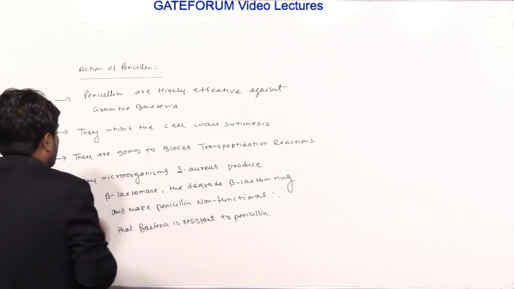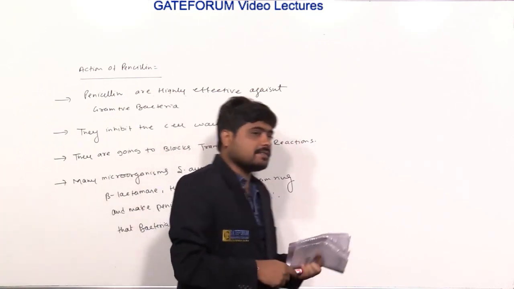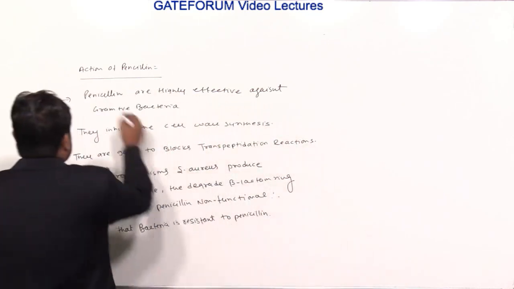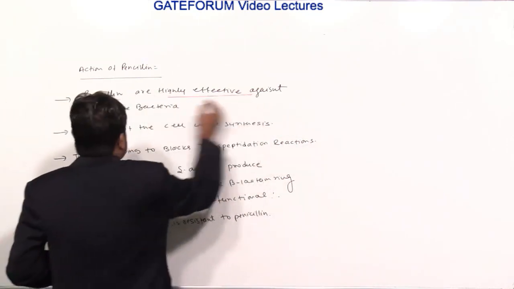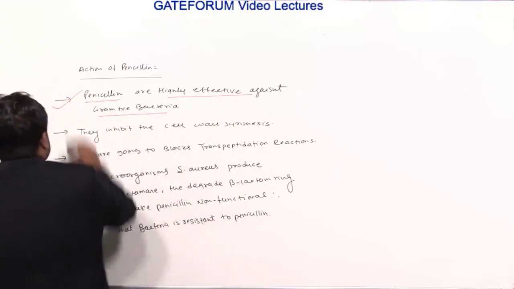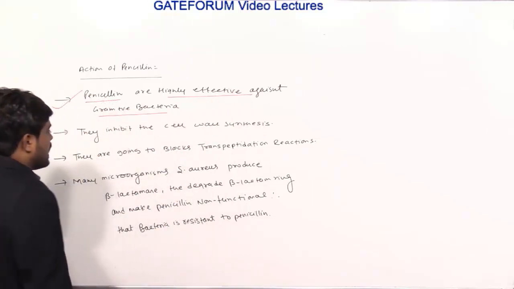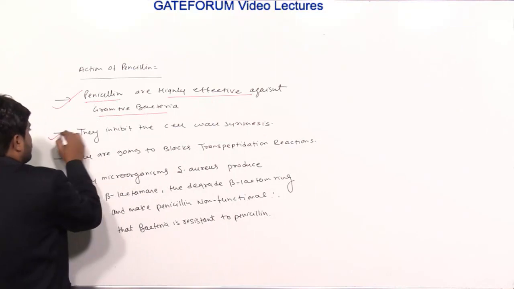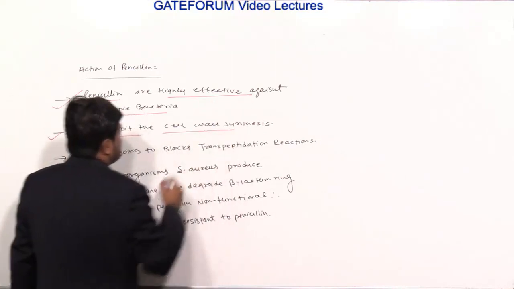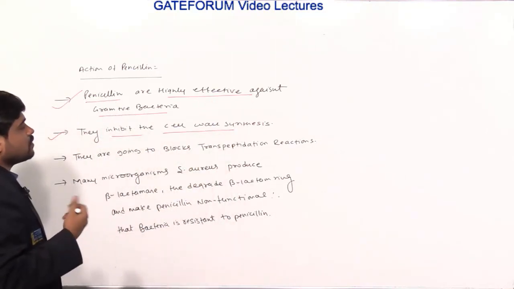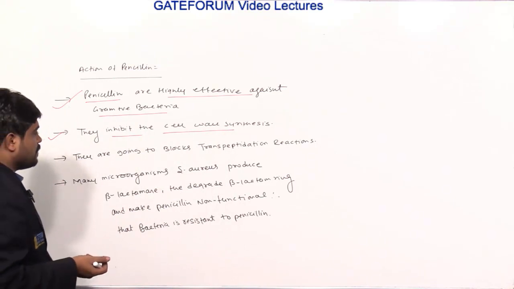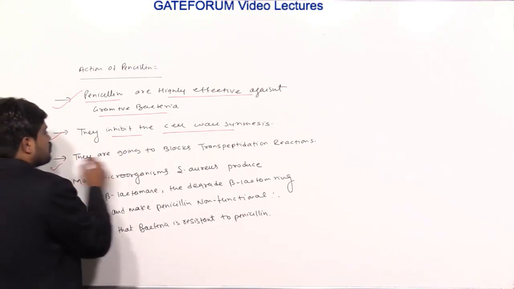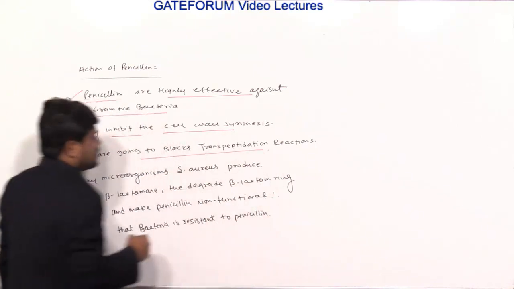So the penicillins are highly effective against gram-positive bacteria. Then the next point is that they inhibit the cell wall synthesis. So the cell wall synthesis is completely inhibited by the penicillin, and they block the transpeptidation reaction.